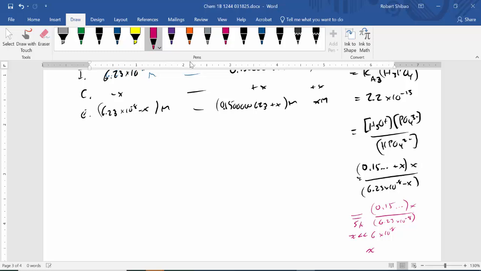So x is going to be 6.23 times 10 to the minus 8 times 2.2 times 10 to the minus 13 divided by 0.150000623. I'm going to use the whole number because my phone carries a lot more digits. So I get an x of 9.1373 times 10 to the minus 20.